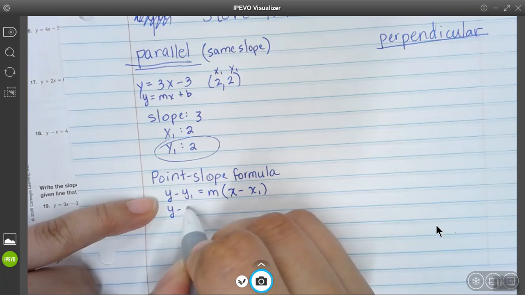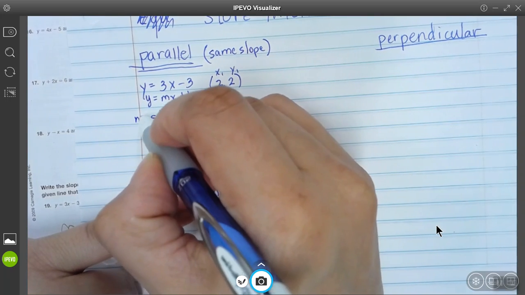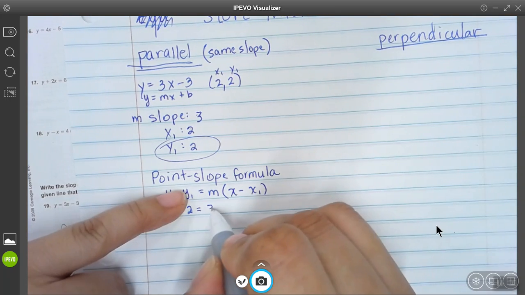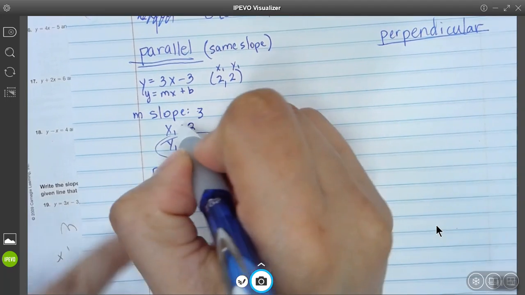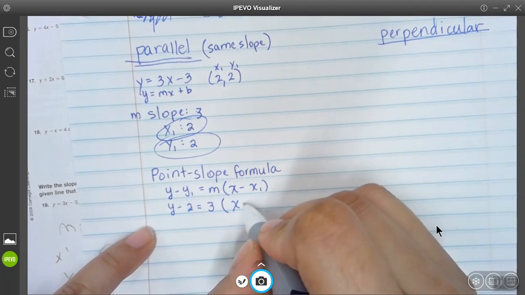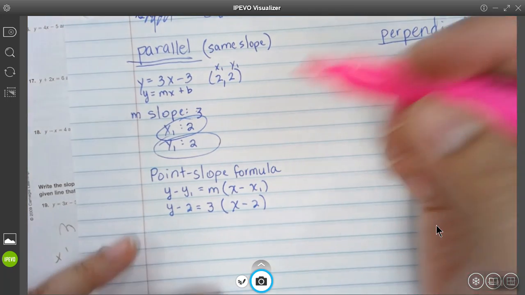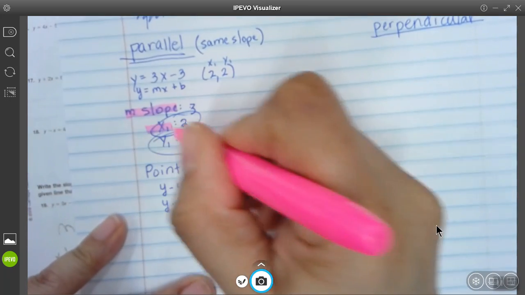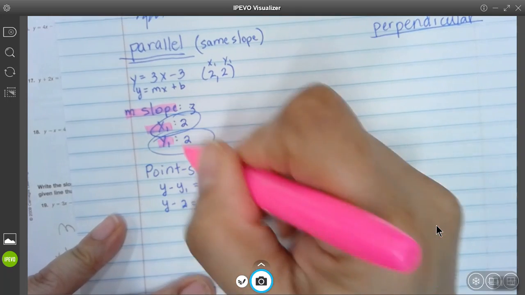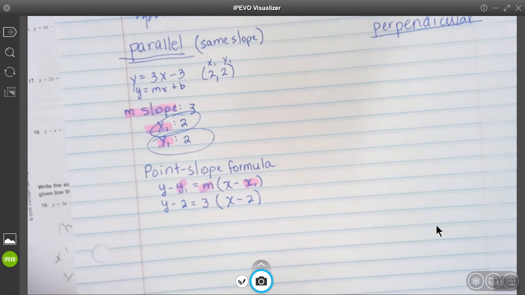This is y minus 2 equals the slope. This is m. The slope equals 3, times x minus x1. x1 is also a 2. So the only things that you're going to substitute in are the slope, the x1, and the y1. The y remains a y and the x remains an x.